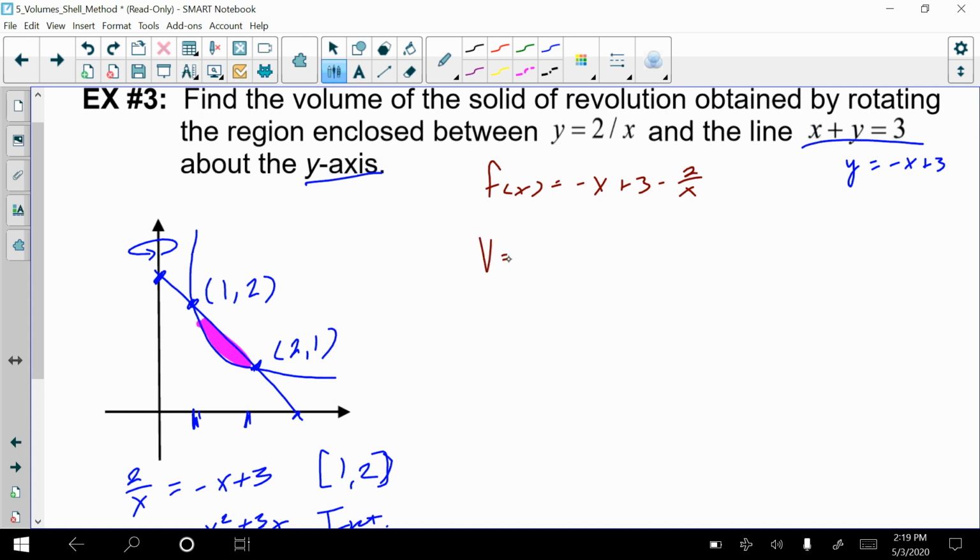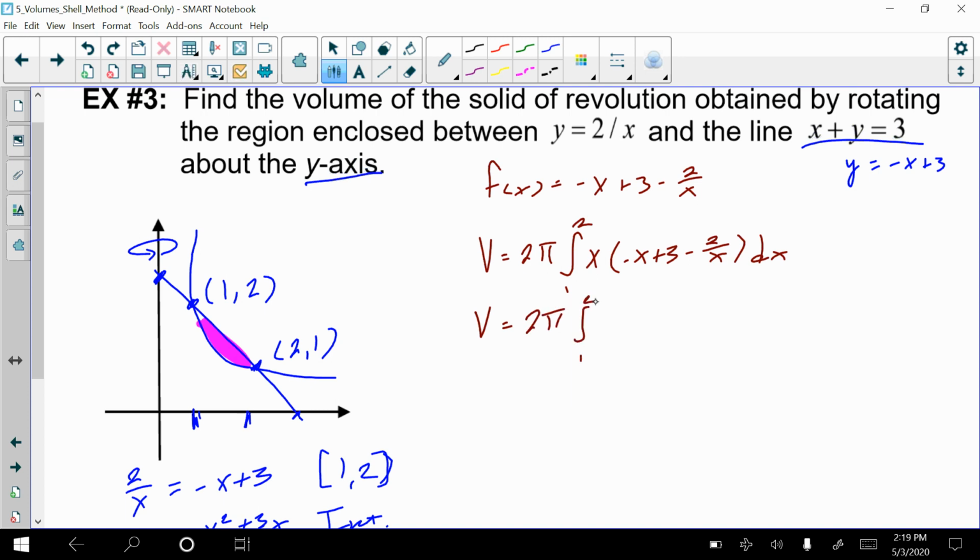So here we're going to say volume is equal to, I'm going to put the 2 pi on the outside of the integral, and we are going from 1 to 2. And now we're going to have x times f of x, which is negative x plus 3 minus 2 over x, and the third dimension is the dx. Simplify the integrand.